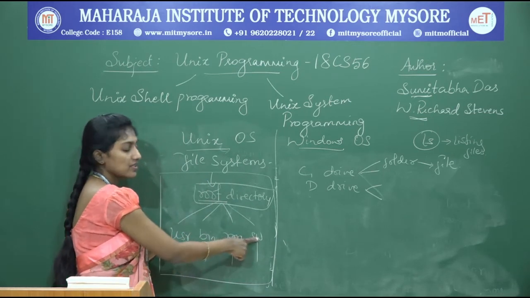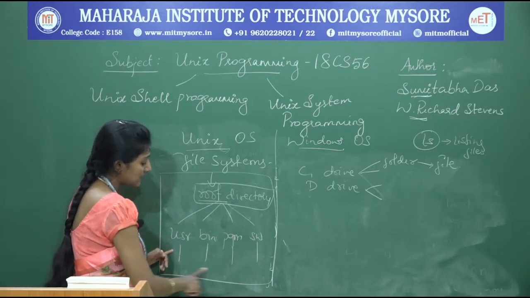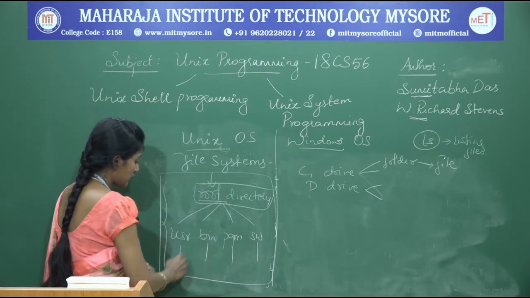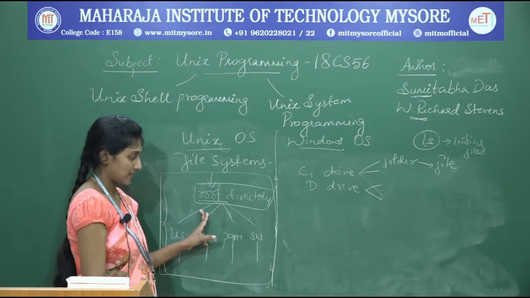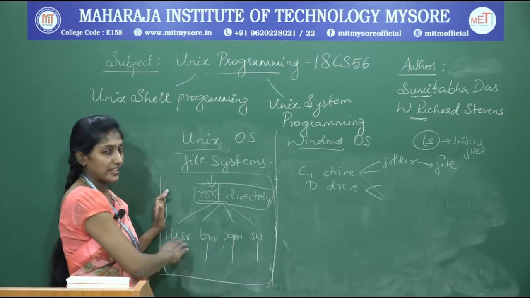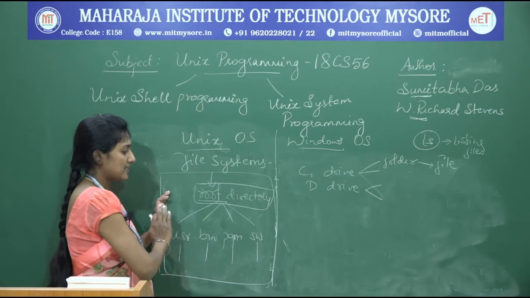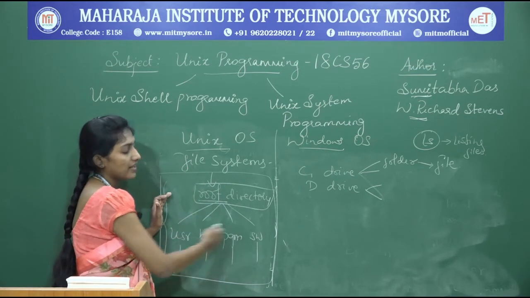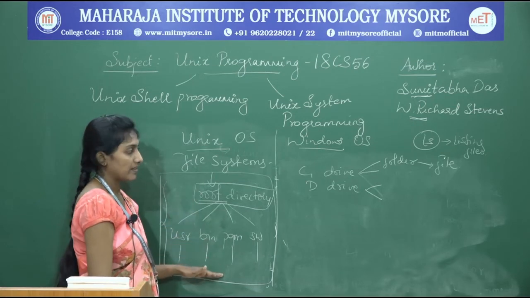Under that we have subdirectories, and under these we have files. So, this is how the organization of the file system in the Unix operating system is. Here it does not include any C drive, D drive like that. Instead, under one system directory, all the files get hierarchically placed.